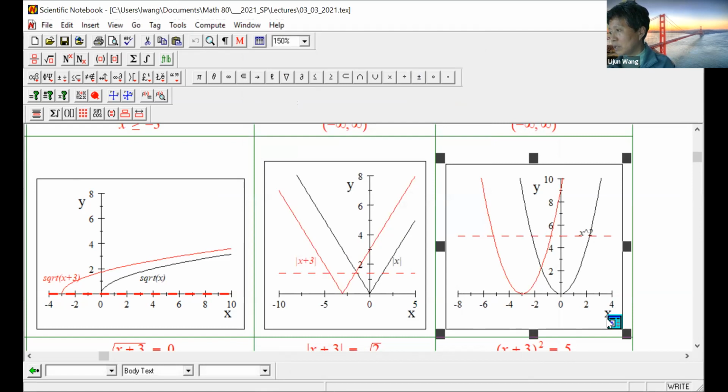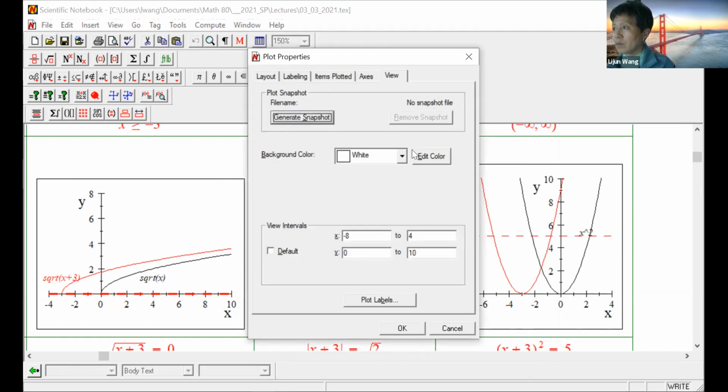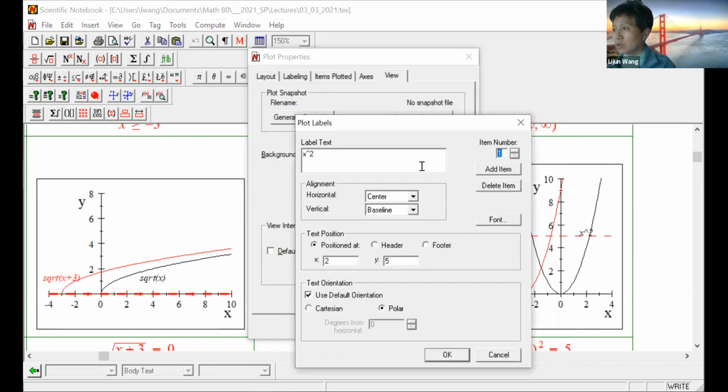And the red one, I'm going to scoot over. I'm going to have it scoot over to x plus 3 squared. Make it red.